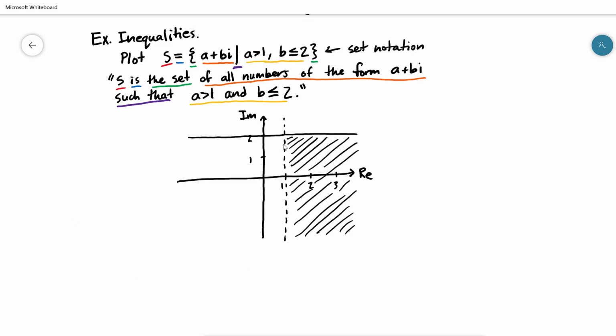I'm interested in values of a to the right of 1, a is greater than 1, and b's, the y values, less than or equal to 2. So including the 2 and everything less. So it has to be to the right of this dashed line and below the solid line. That is the shaded region that I've indicated there. So you may see some inequalities like that pop up. I just wanted to give you some indication of how these things may be written.